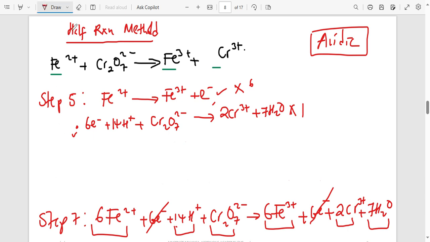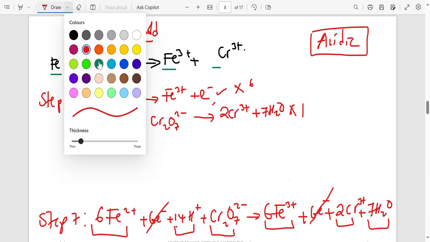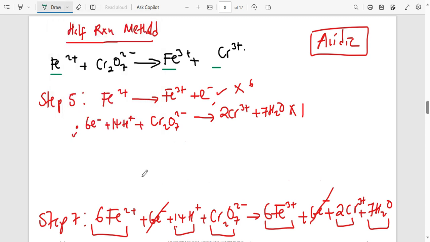Now step 8 will just be the addition of hydroxide, and that will depend on how many hydrogens you have. So I've got 14 hydrogens, so I'm going to add 14 hydroxides on the reactant side, and then also add 14 hydroxides on the product side. So the final would then be 6 Fe2 plus.